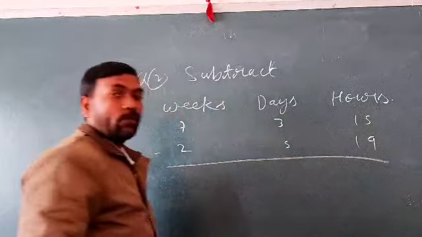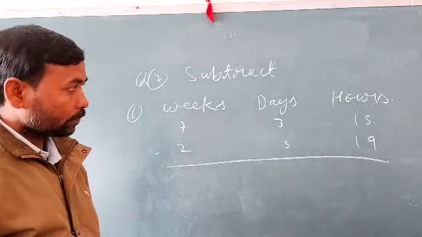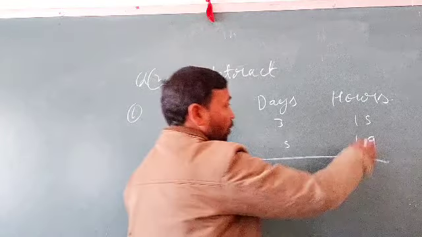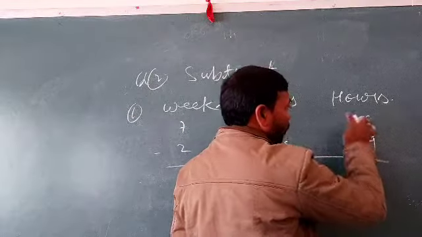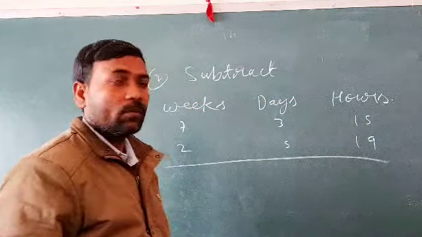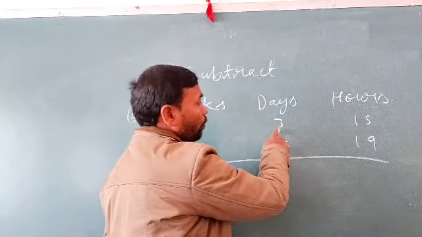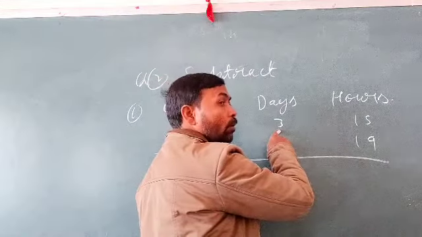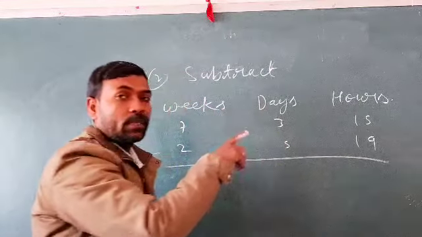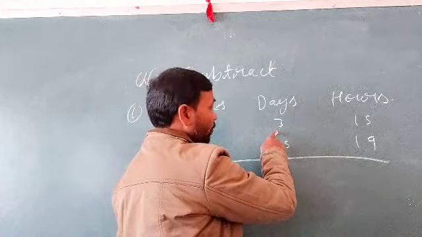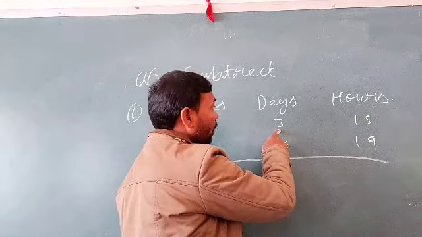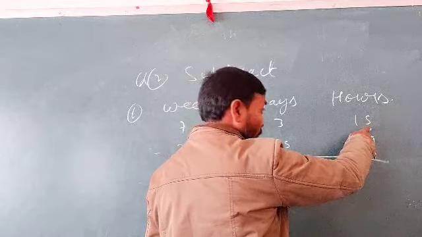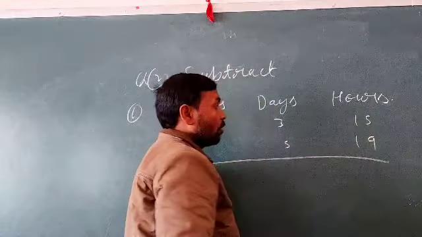So just subtract like whole numbers, not like whole numbers. Be careful. See, you can't subtract 19 from 15. So you have to borrow from the days column. This is not simple subtraction, so conversion will be needed. You take from the days column and bring it to the hours column.